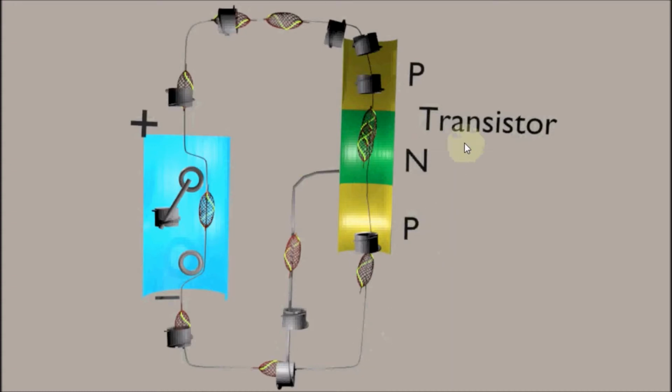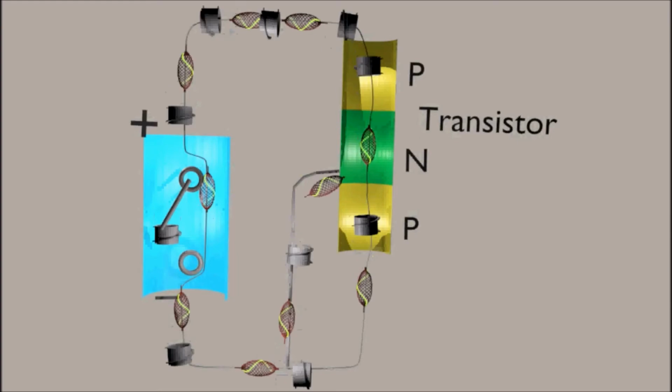So now let's get to a transistor. Notice the diode was P and N, and the transistor just has another P, so positive, negative, and positive again. Let me line these up nicely. So, same kind of situation. I've simplified this quite a bit.